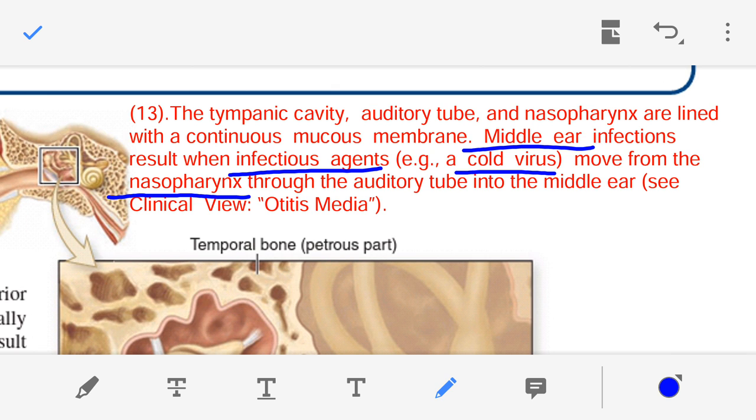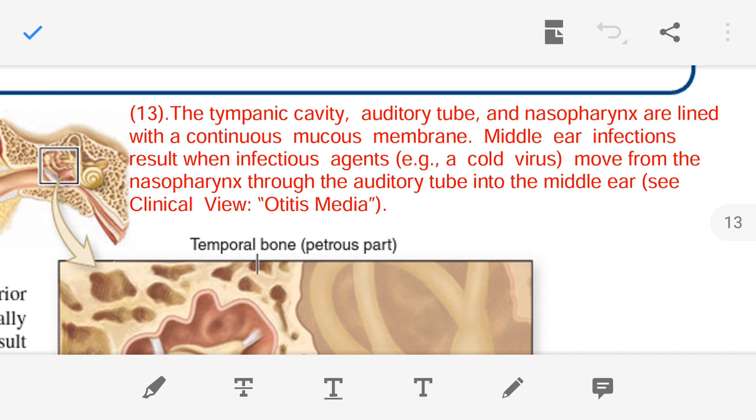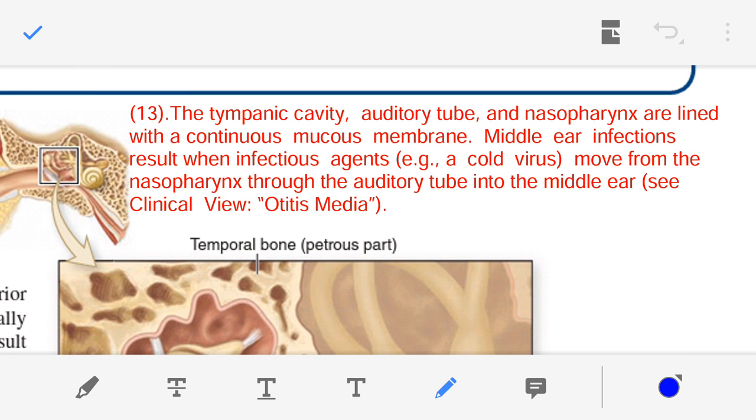So the viruses from the nasopharynx cross the auditory tube and reach the middle ear, and here they cause the infection. The infection is clinically known as otitis media.